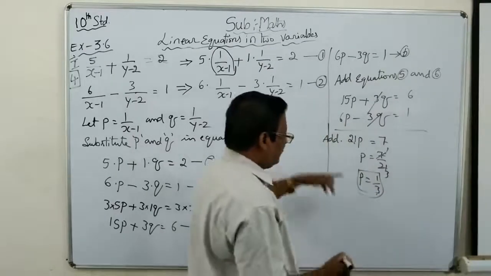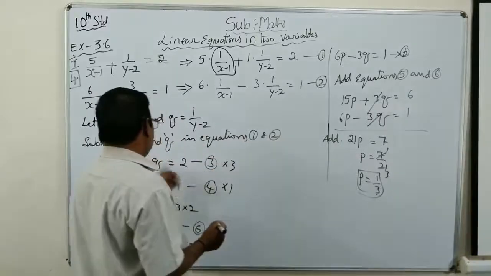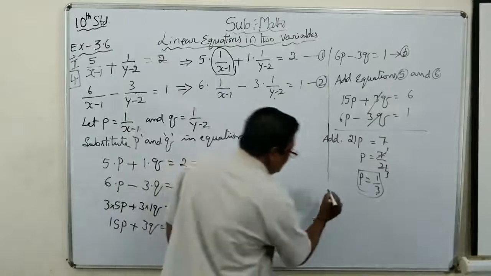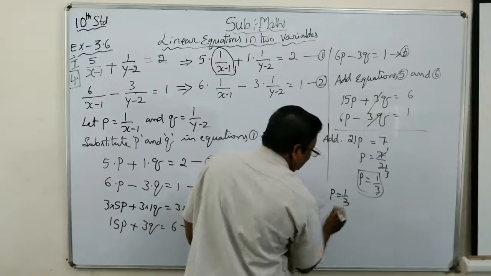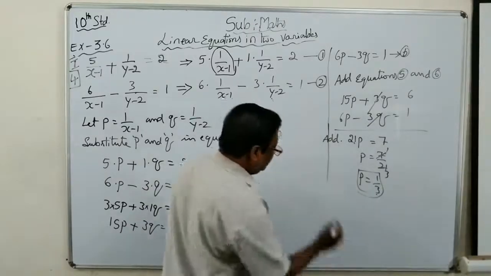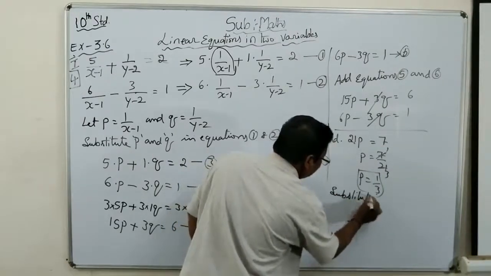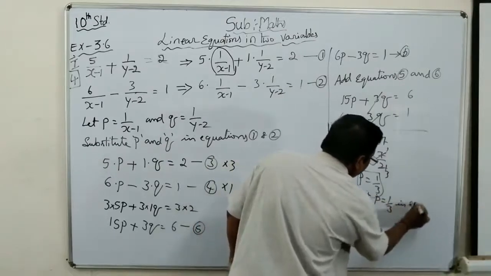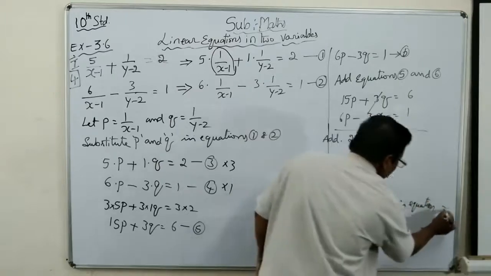What is the Q value? P is equal to 1 by 3. Substitute in equation 3 or 4 or 5 or 6. Substitute P is equal to 1 by 3 in equation 3.